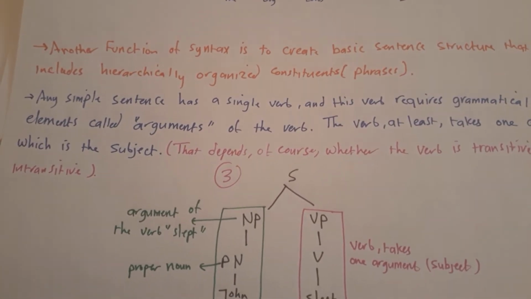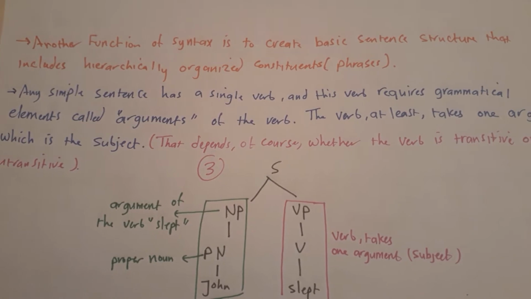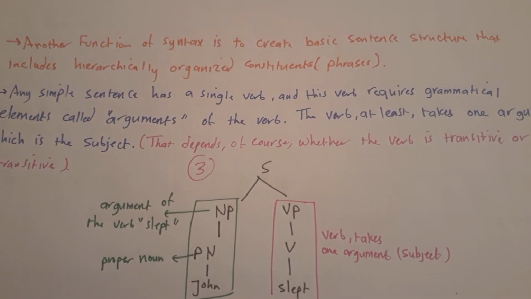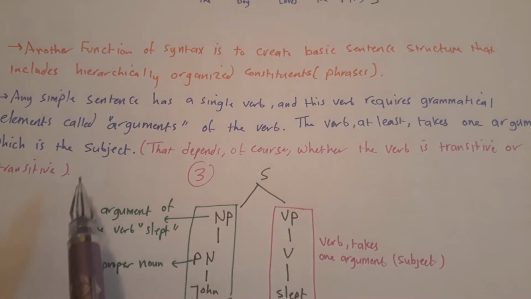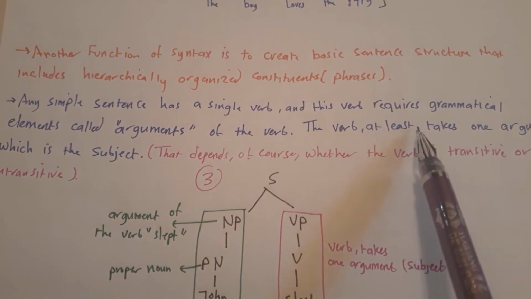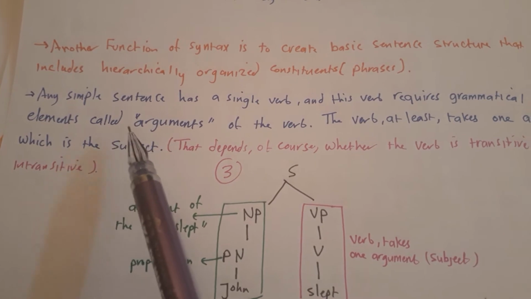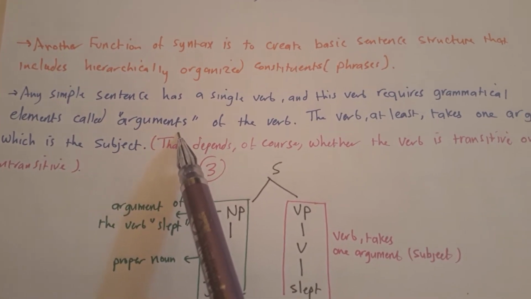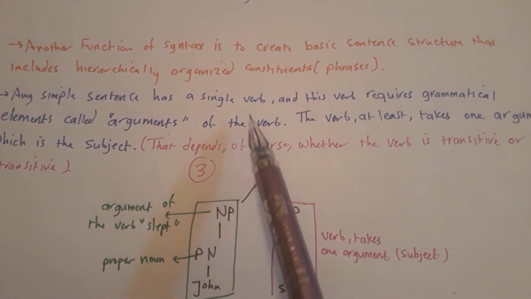Now let's talk about simple sentences again. As you can see, any simple sentence has a single verb, and this verb requires grammatical elements called arguments. Try to focus on this word now, of the verb.